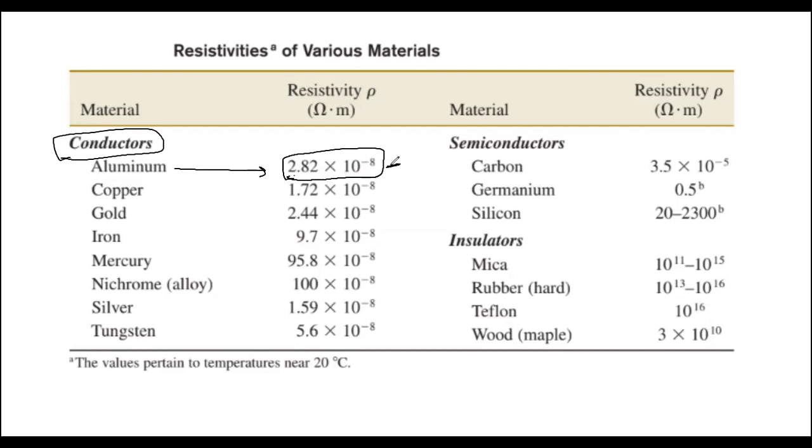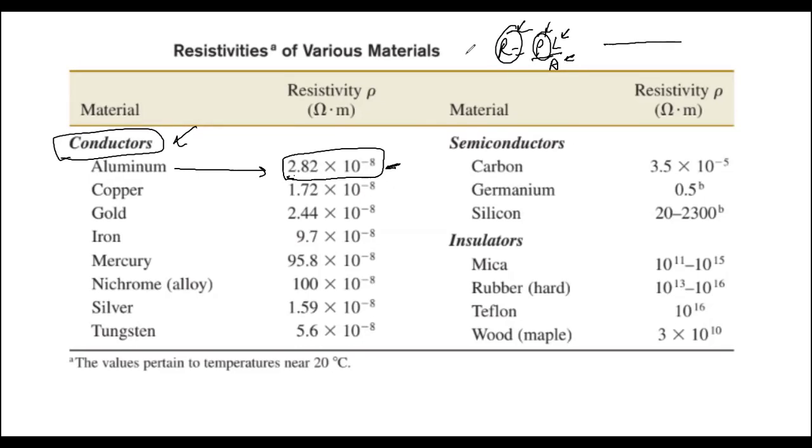So 10 to the power minus 8 is a very small number, right? As expected, conductors offer resistance, but the resistivity value is very small. So when we put this resistivity value in this formula, rho L upon A, because rho is very small, 10 to the power minus 8, any length or area would give a small value of resistance.